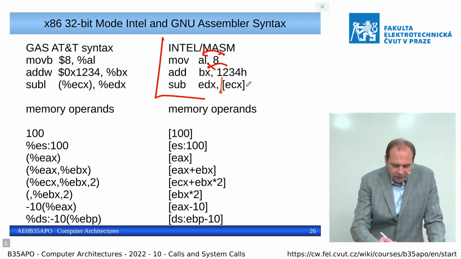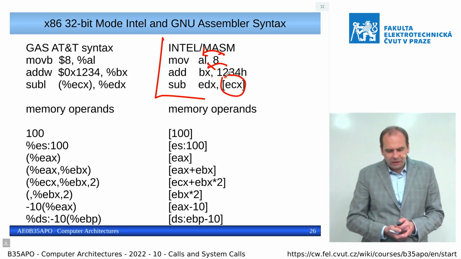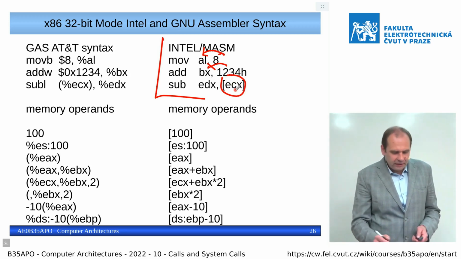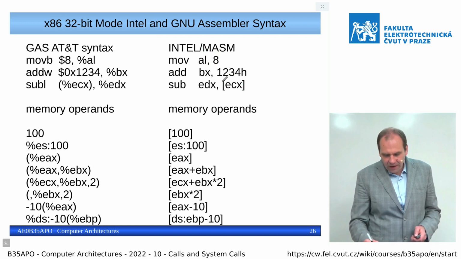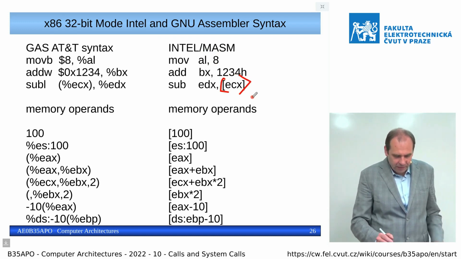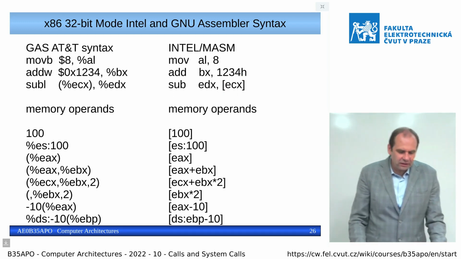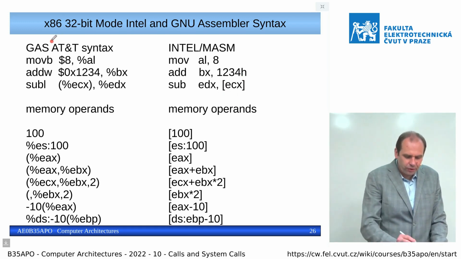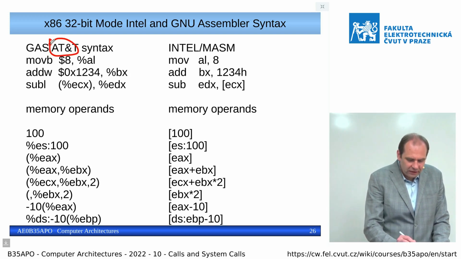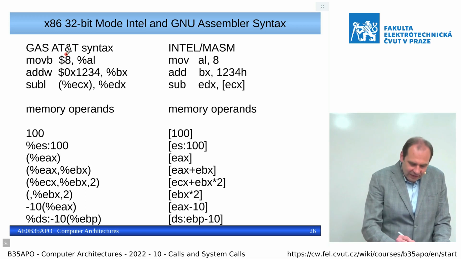But because an instruction can combine access to memory with computation, there is a different way to specify the access to memory by these brackets and so on. And there is a historical syntax from the original Unix creators, the AT&T syntax, which assigns from left to right.